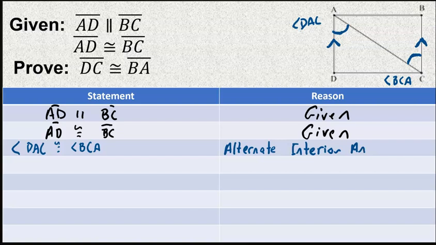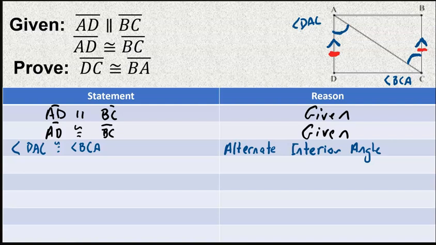And what I'm going to do now is mark off my congruent sides. So my given gave me AD is congruent to BC. So that means not only are these sides parallel, but they are also congruent. I need to make clear here, you cannot make assumptions.